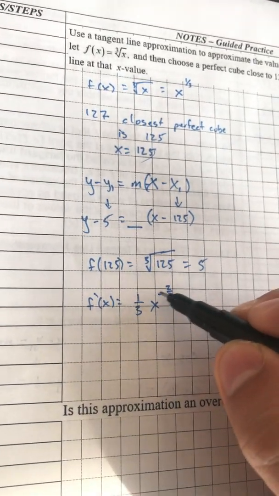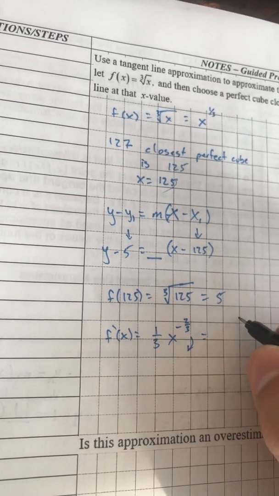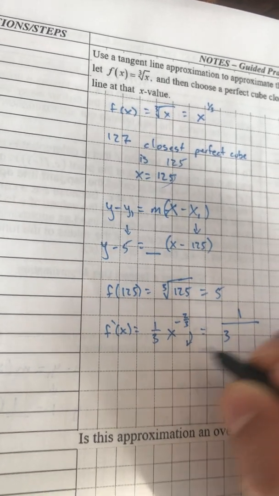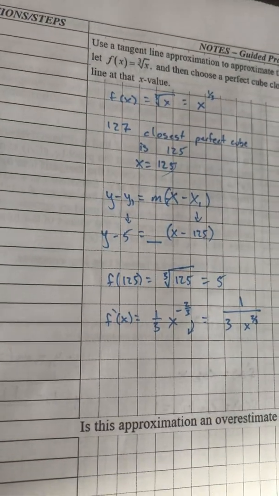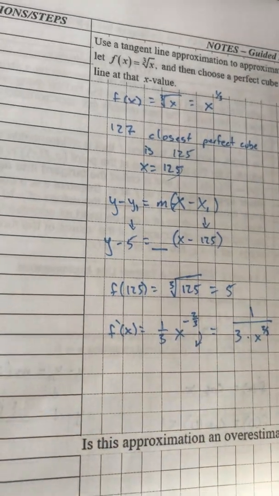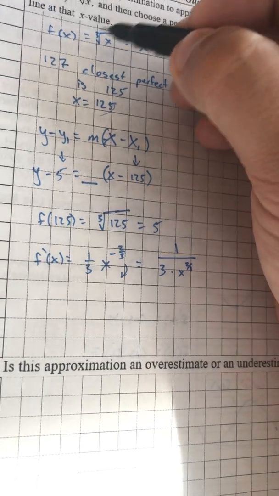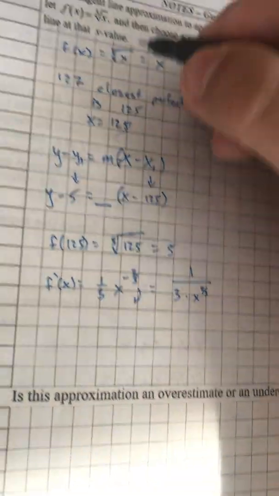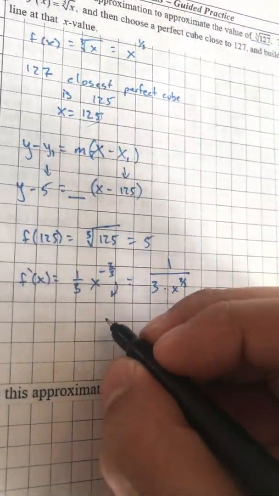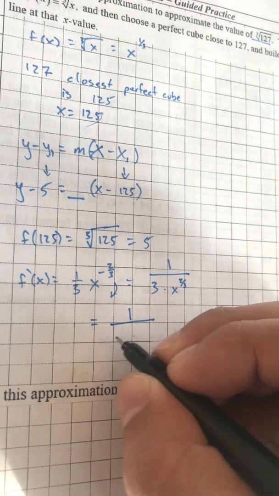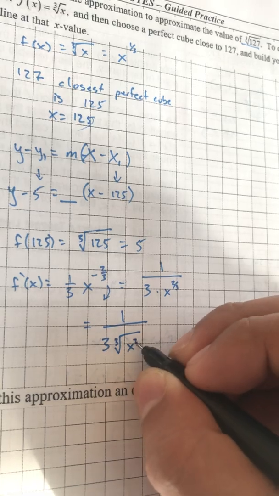Now, how can we get rid of this negative? We need to move it to the bottom. So that's going to become 1 over, we still have that 3 on the bottom, but now we have x to the 2/3. Positive, right? Being multiplied. And then we can rewrite this function, going back to the radical form. This 3 will go to the outside, and this 2 will just be the squared part. Okay? So that is the same thing as saying 1 over 3, and then the cube root of x squared.